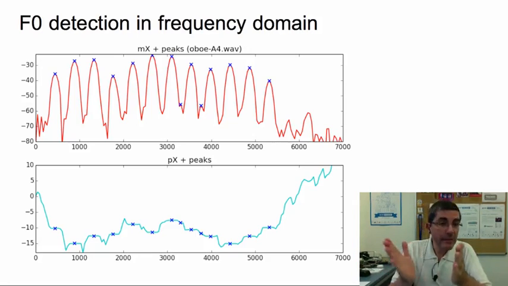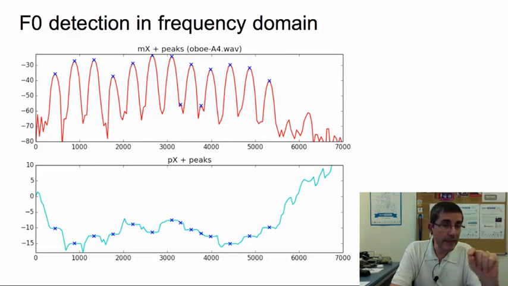So what is the fundamental frequency in a spectrum? We have seen how to identify the sinusoids and the partials of a sound. For example, on the oboe sound, these crosses are the peaks, and many of them correspond to partials or harmonics of this sound.